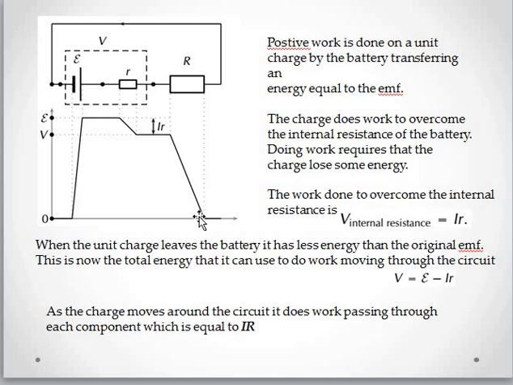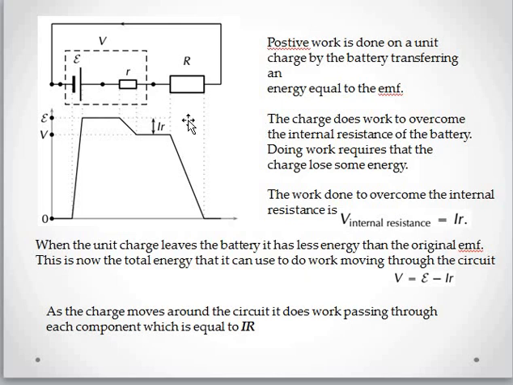Then it goes to 0, and then the cycle continues. It goes back to get all the energy again. Epsilon goes through the battery, the internal resistance loses some voltage, it exits the battery, goes through the external resistor, loses the voltage, and then comes back. So this is how the voltage is used within an electrical circuit.